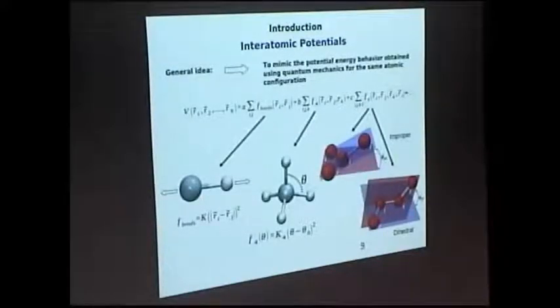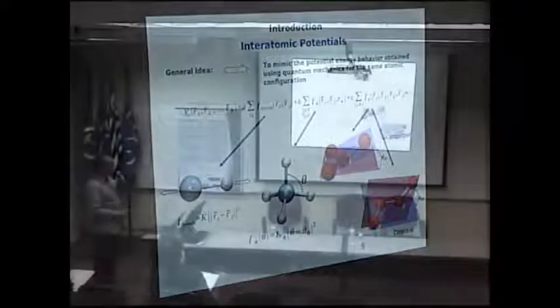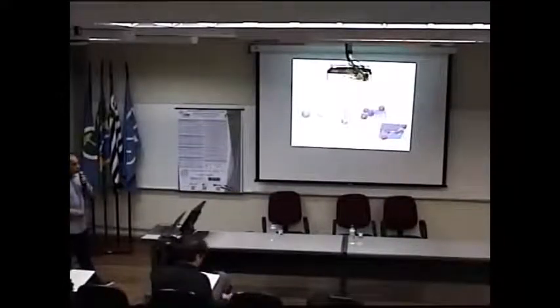Before we speak explicitly about the reactive potentials, you can see here the general structure that we usually adopt. We have a general potential that is made out of several contributions. One for stretching, other for angles between bonds, and 4-body terms that are used to describe energy of dihedral angles or improper angles, and then you can put many-body interactions of other kinds.